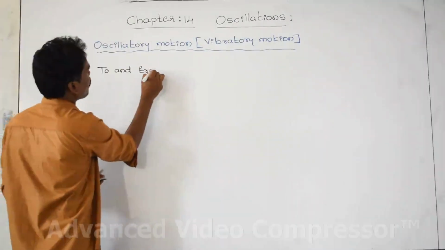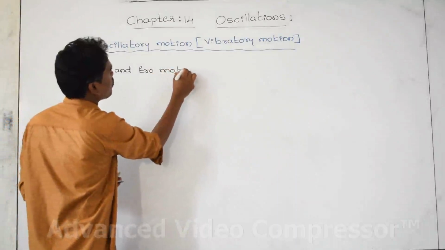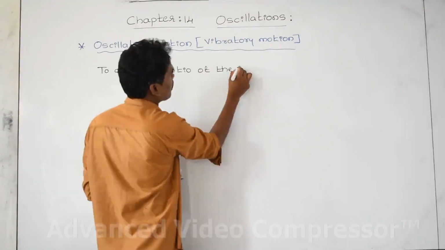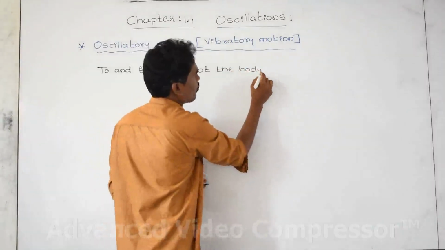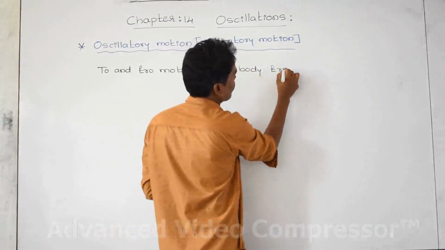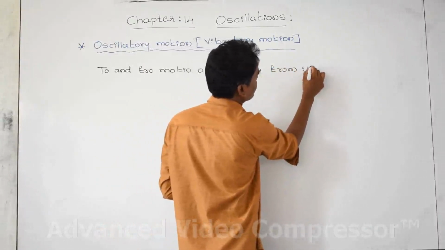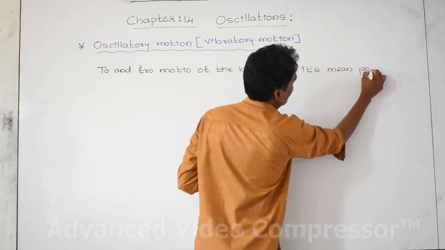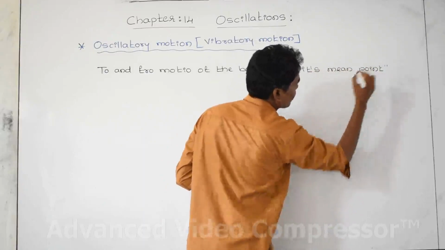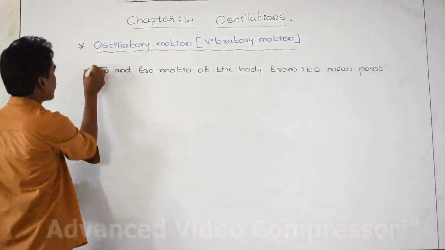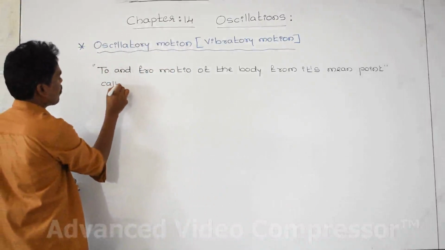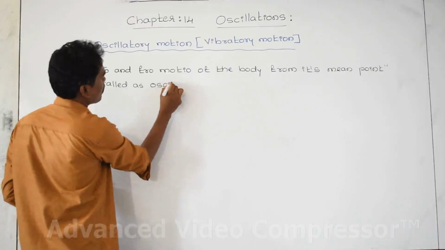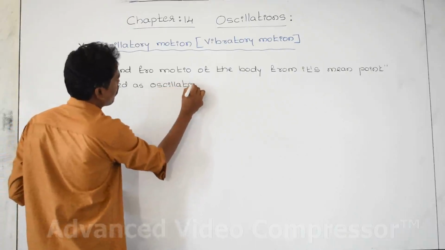It is to and fro motion of the body from its mean point or mean position, called vibratory motion or oscillatory motion.